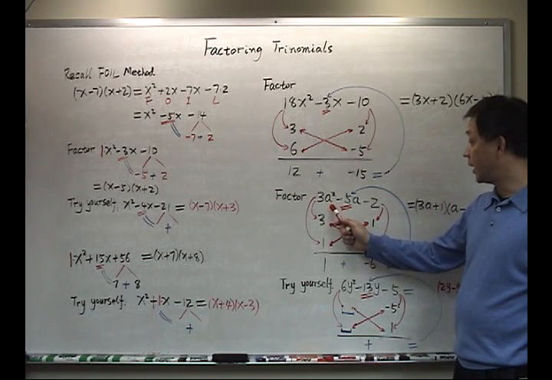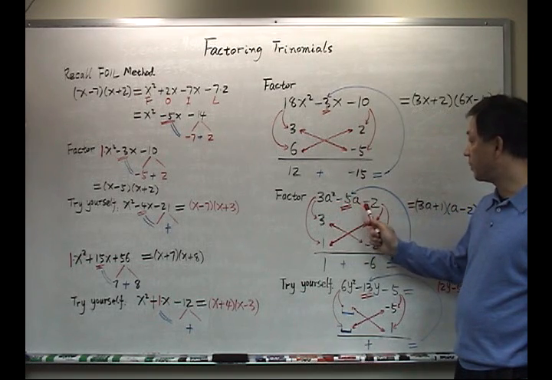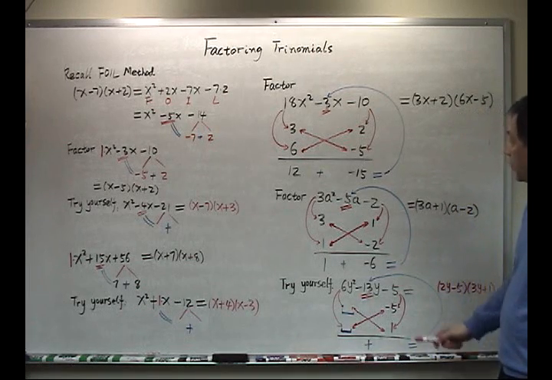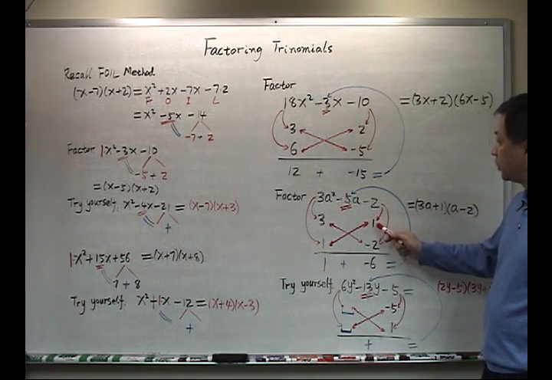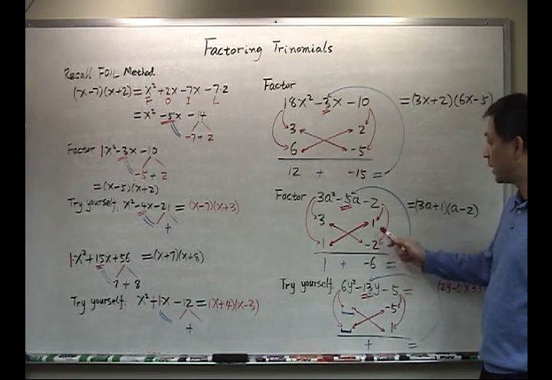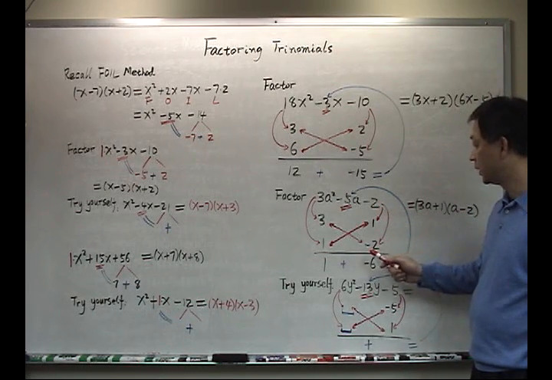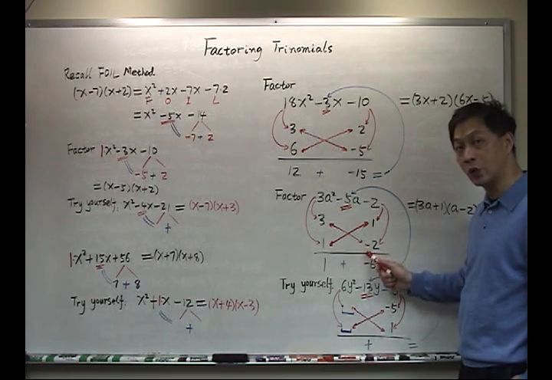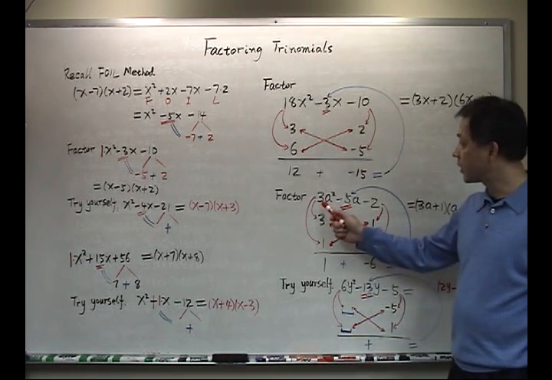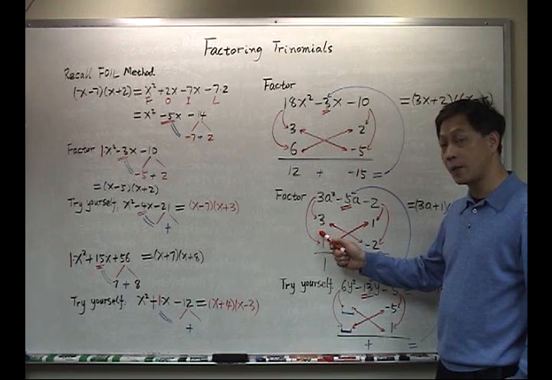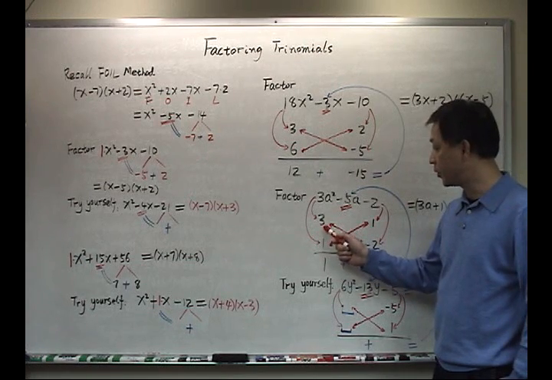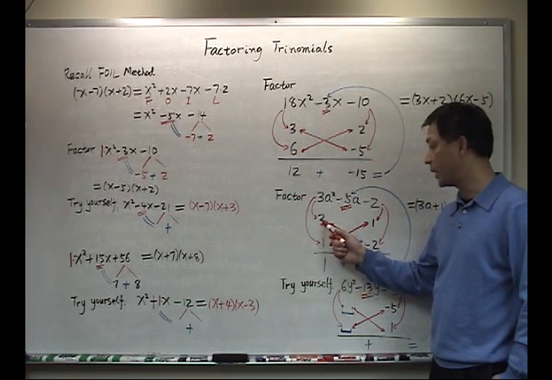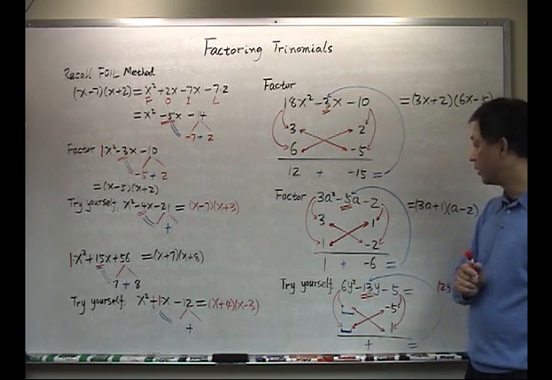Factor 3a squared minus 5a minus 2. Okay? So again, you need to break up negative 2 into 1 and 2. 1 times 2 is 2. And you will decide where the negative sign should go. And then 3 can be broken up into 1 and 3, because 1 times 3 gives you 3. That's the only way you can do it. Okay.